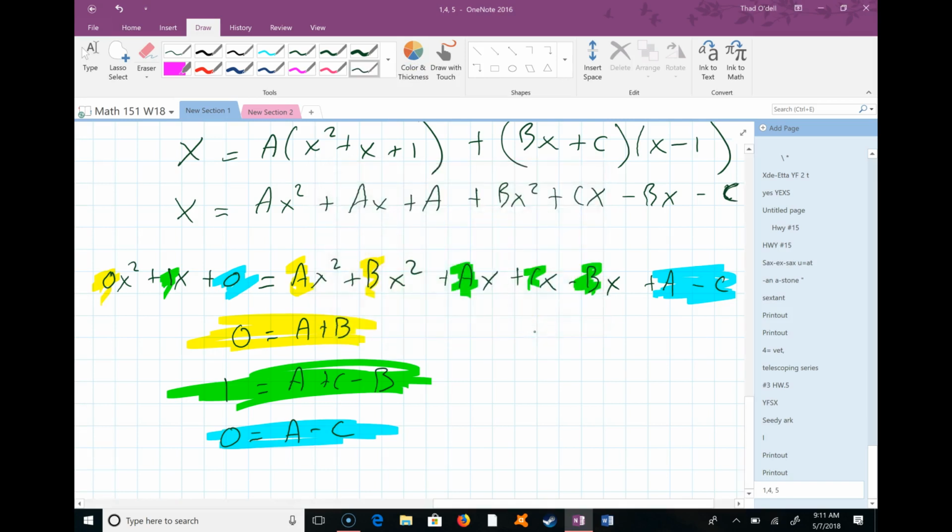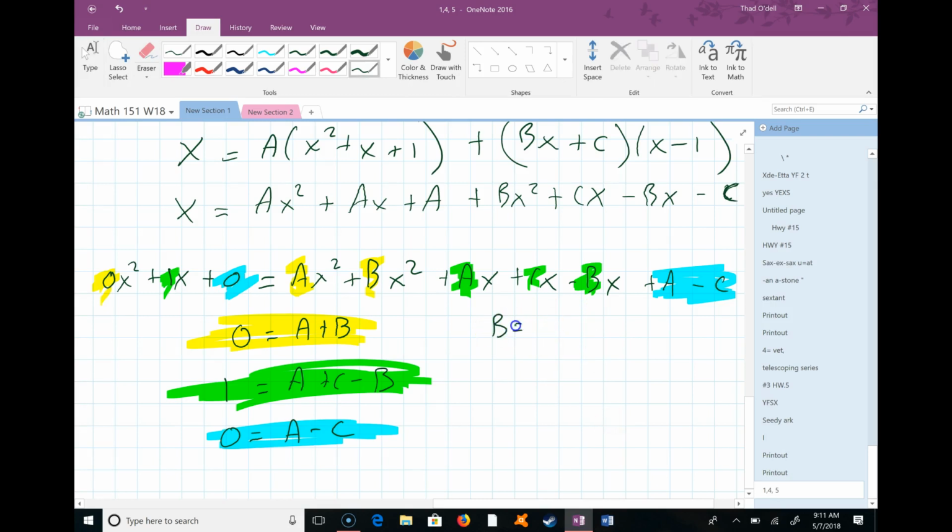So let's say that I can tell right now that we could put everything in terms of a, couldn't we? So we could say that a is equal to negative b. Yes? And actually, I'm sorry, I want to do that the other way around.